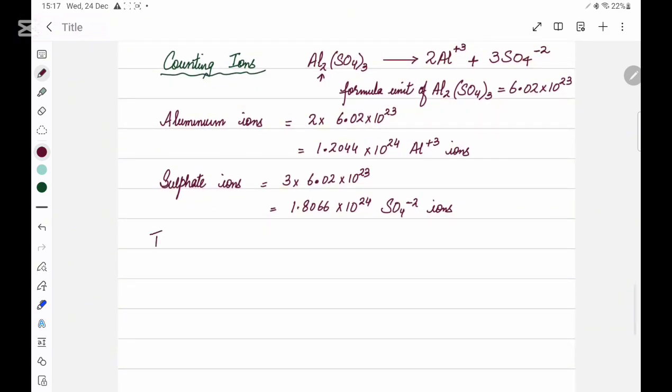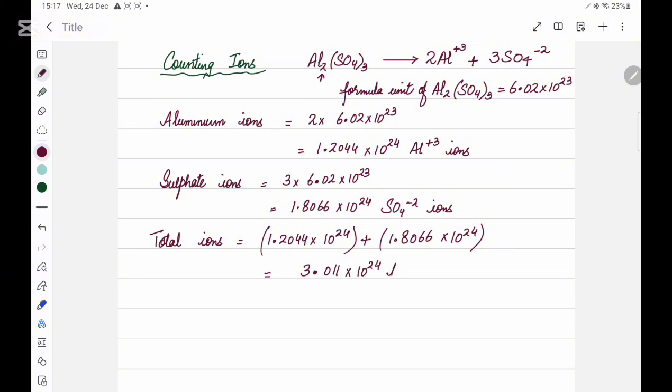So how much do the total ions become? 1.2044 times 10 raised to power 24, and I'm going to add the sulfate ions now, 1.8066 times 10 raised to power 24. These are sulfate ions. So the total ions would become 3.011 times 10 raised to power 24. These are total ions. So in this way we can calculate the number of ions.